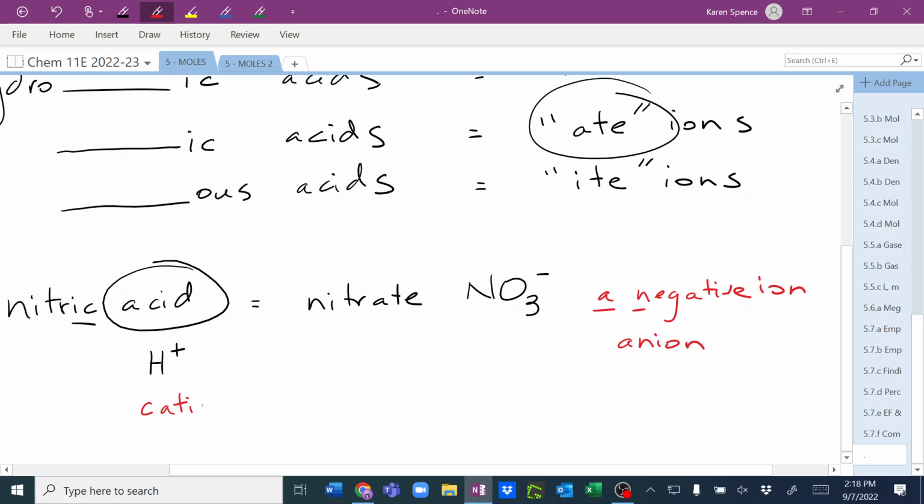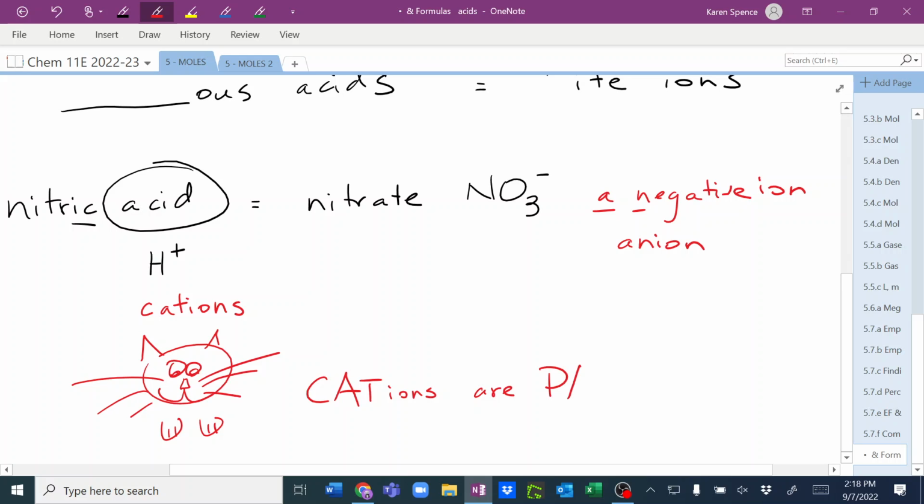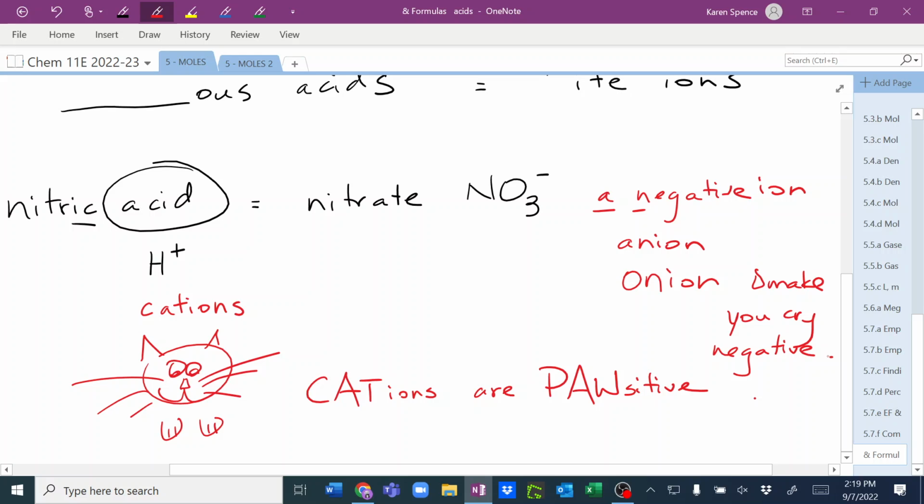They are cations, and if you have trouble remembering that, cats have paws, so cations are positive. If you have trouble remembering that anions are negative, anion looks like onion, and onions make you cry. And that's negative, or at least sometimes. Although a good cry can be a positive thing too, but we'll say it's negative.